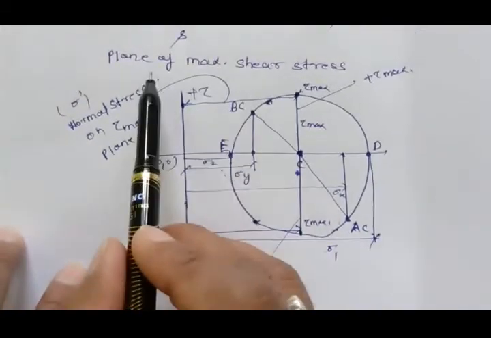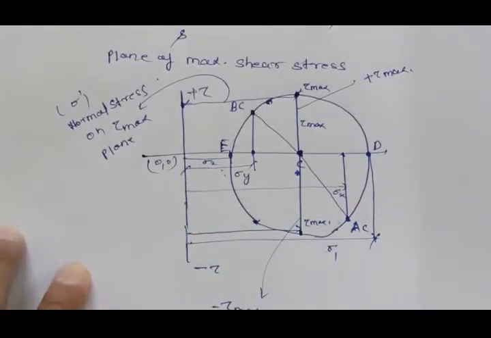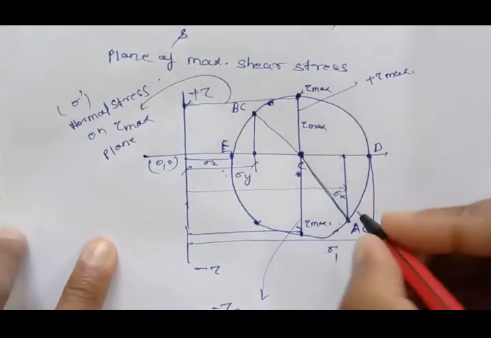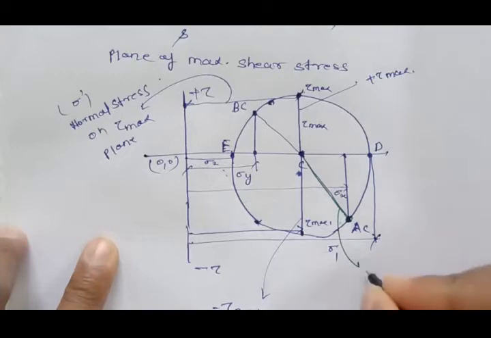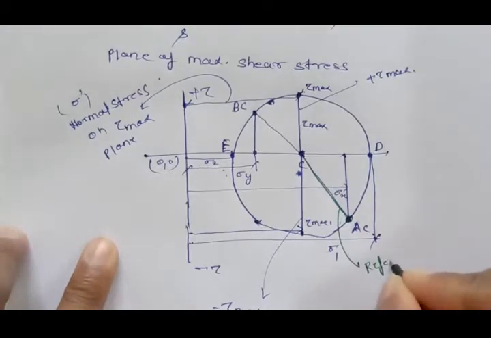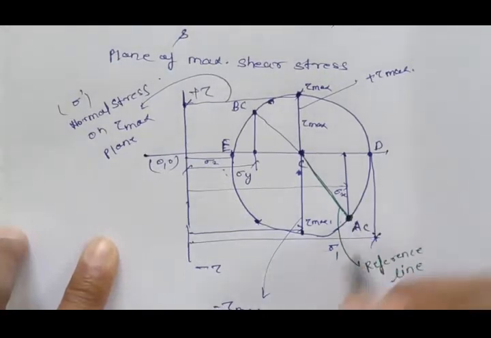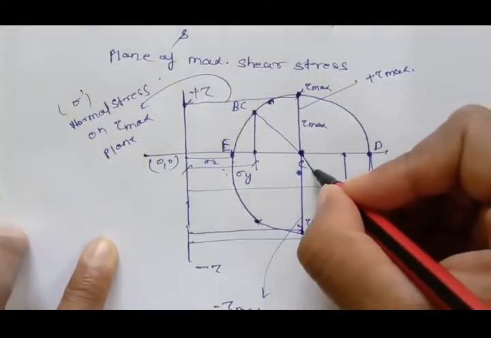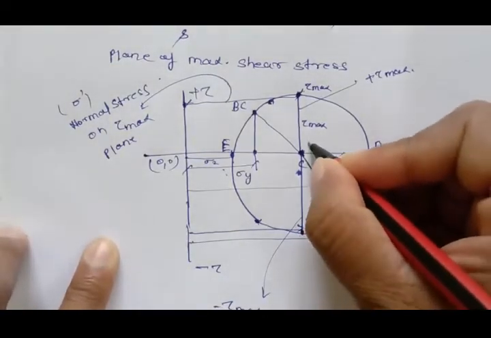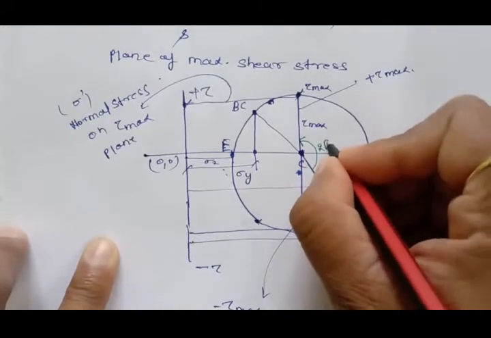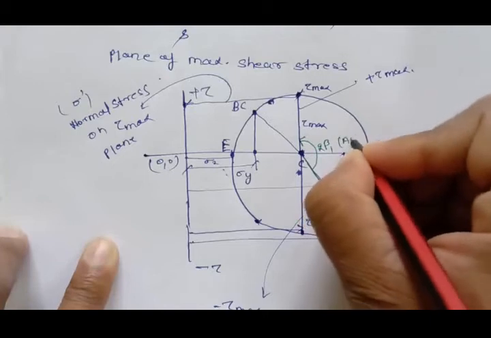So the plane of maximum shear stress you can draw. This is our reference plane, and this is our reference line on this reference plane. And from here, if you move this side, anti-clockwise, this will be 2 beta 1 anti-clockwise.